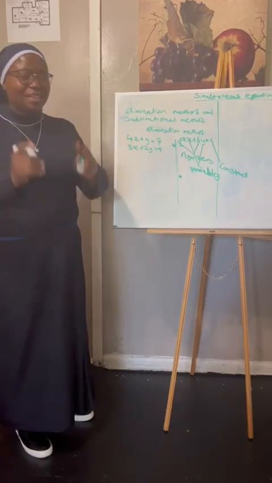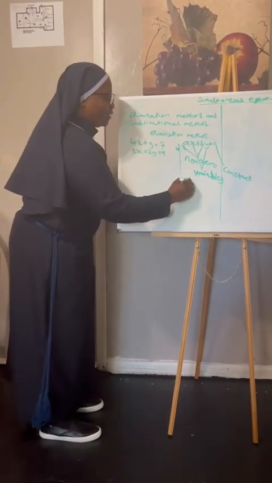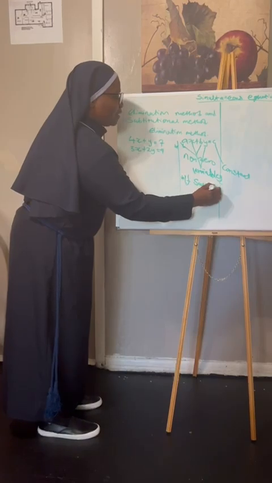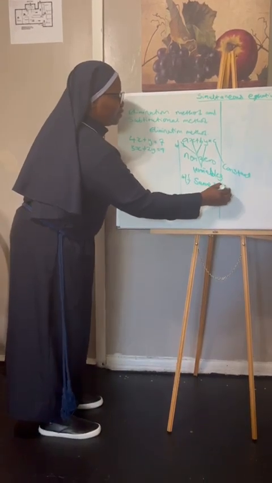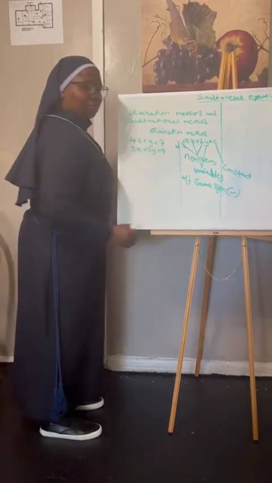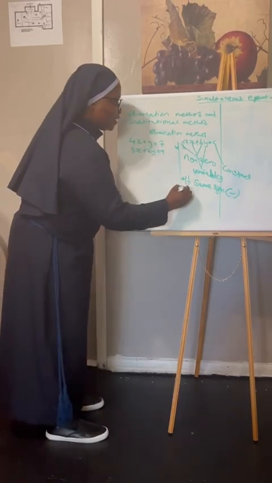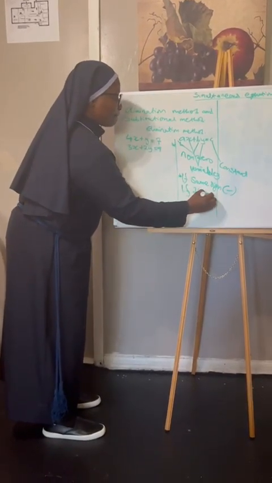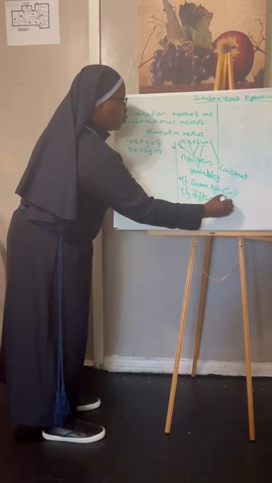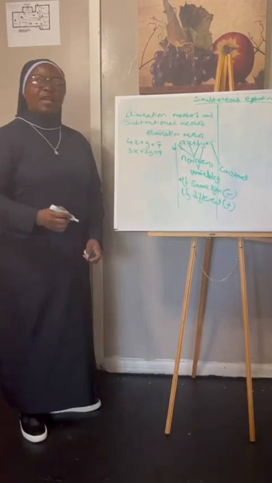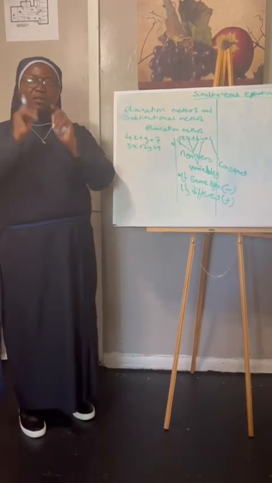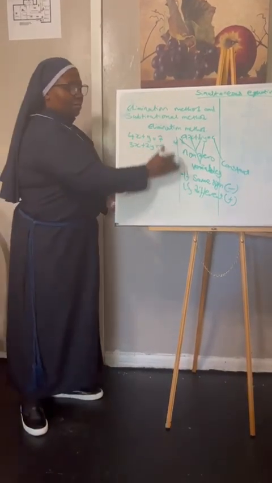If they are the same sign, use what? Subtraction. If they are different signs, use what? Addition. As we move on, I'm going to use two examples to explain what I mean when we get there.